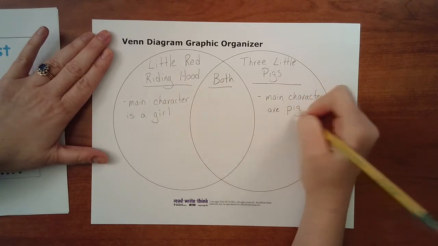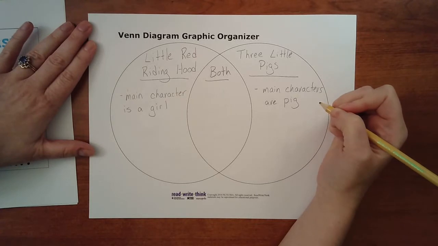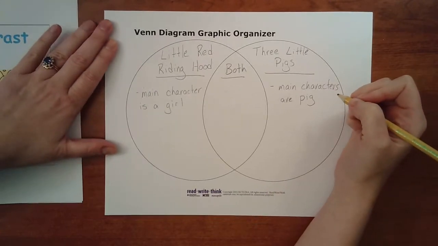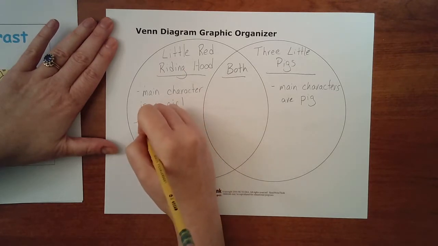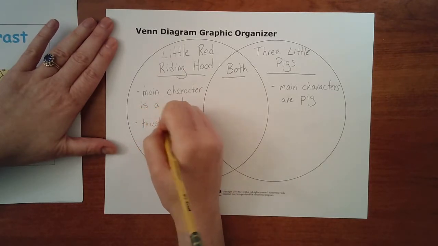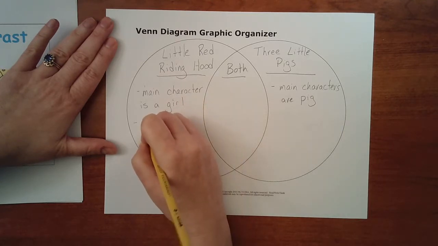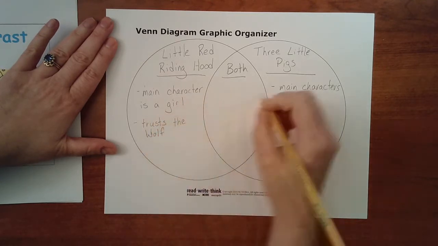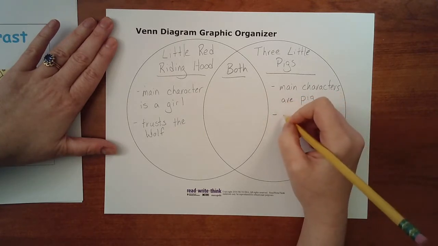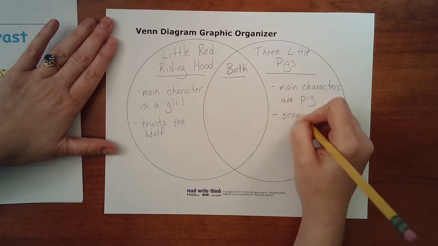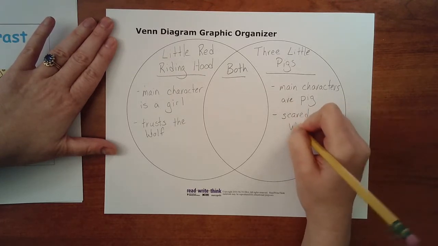That's definitely different because we're contrasting. What else is different? Well, one difference is the girl in this story, she trusts the wolf. Remember, she believes him. And the pigs, do they trust him? Not at all. They're really scared of the wolf.